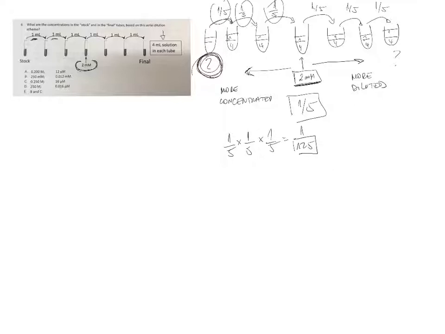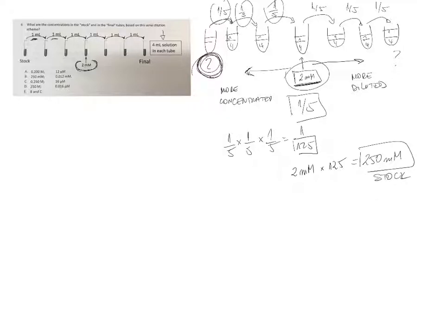So if you had 2 millimolar in this known concentration here, you just have to multiply it by the inverse of the dilution factor. So that will be 2 times 125, so it's 250 millimolar. So that is the concentration of the stock.